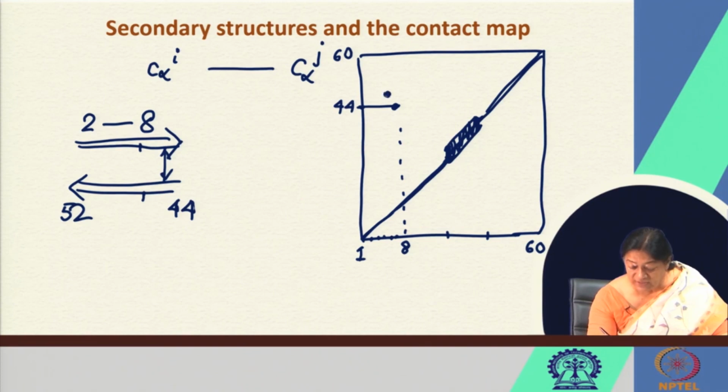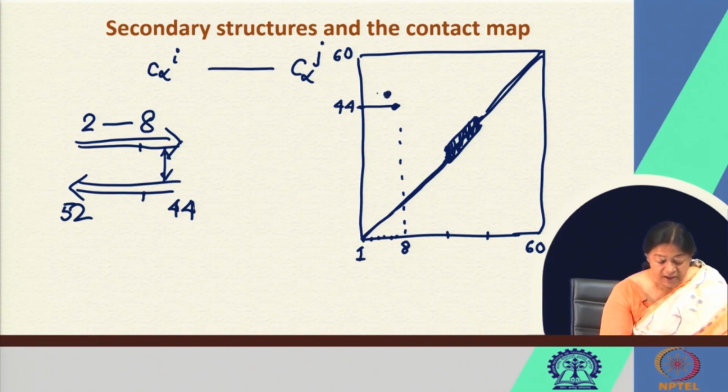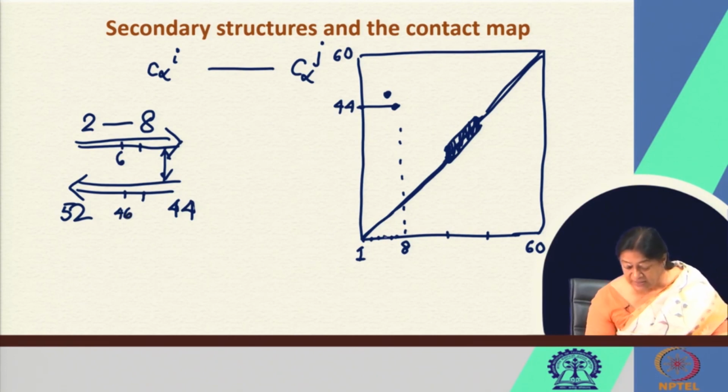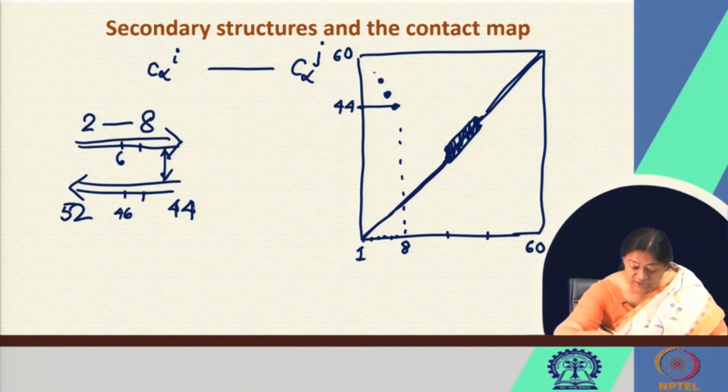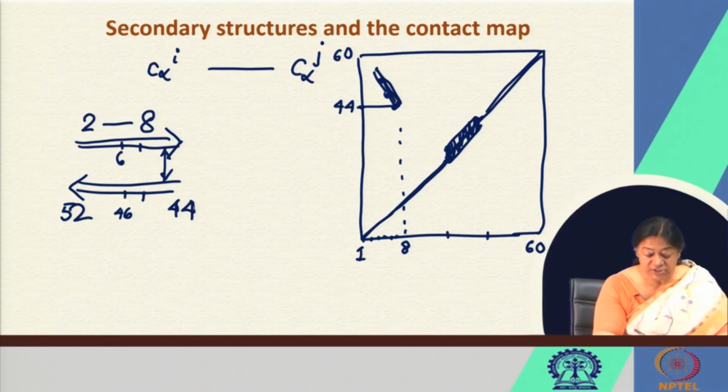Then number 6 would be in connection with 46, so I go back a step here and further up here. What I would see is a line that looks like this. So, this would be an anti-parallel beta sheet.